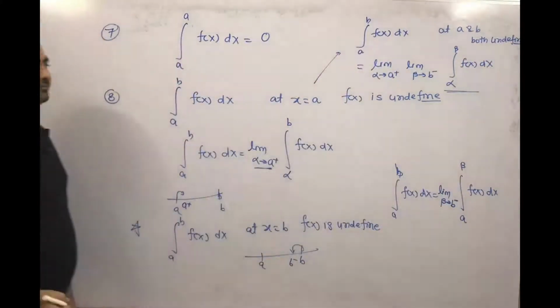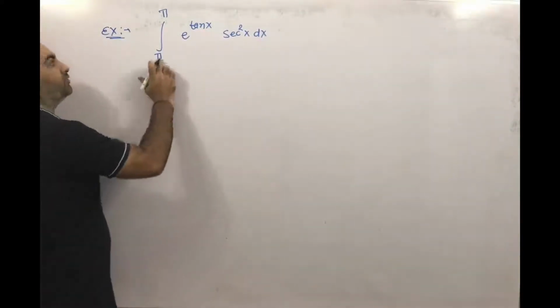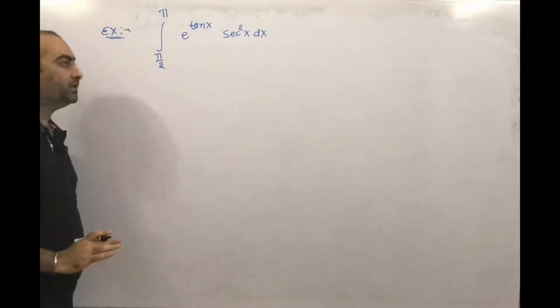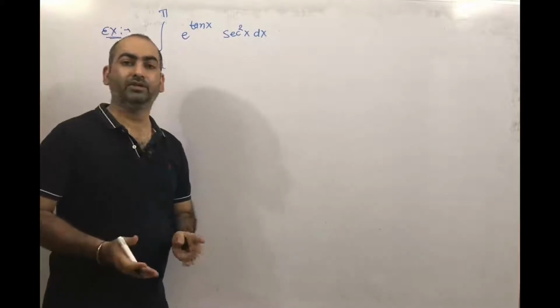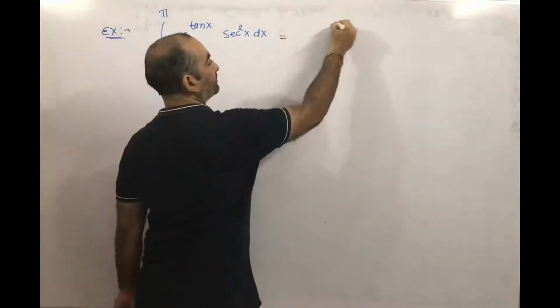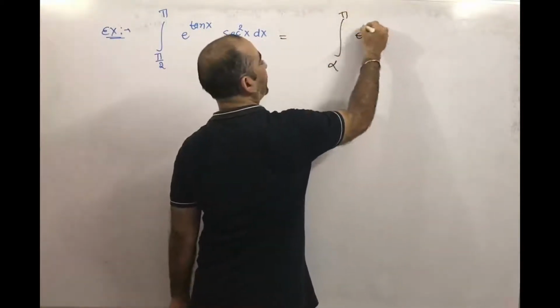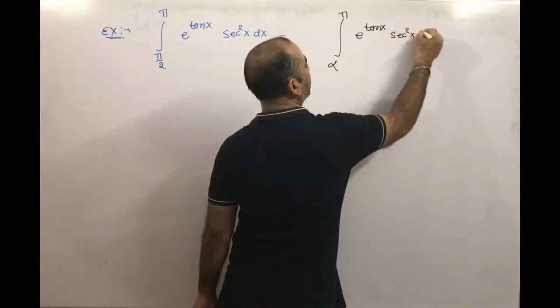Here we are taking one example. Example is integration pi by 2 to pi e power tan x into secant square x dx. You can see at pi by 2 tan x is undefined. So here this one we can write as integration of alpha to pi e power tan x into secant square x dx.